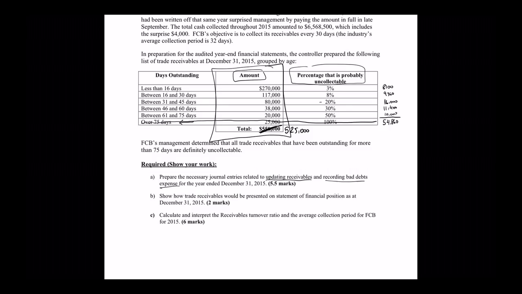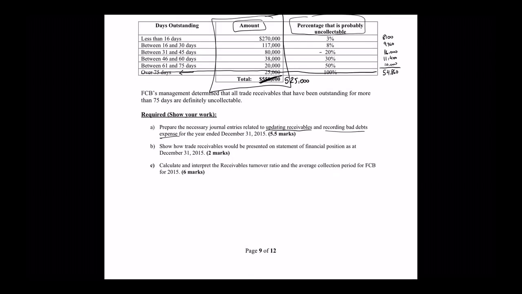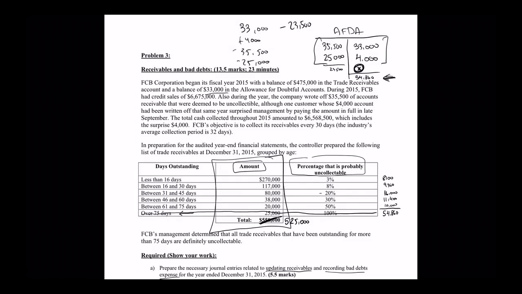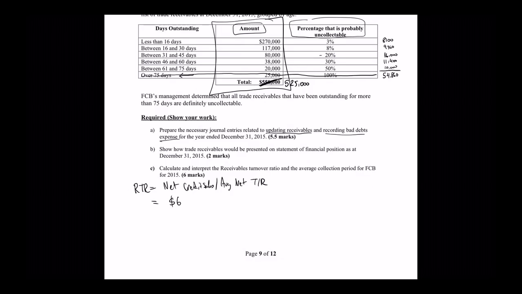And finally, required C, calculate and interpret the receivables turnover ratio and the average collection period for FCB for 2015. So, receivables turnover ratio is your net credit sales divided by your average net trade receivables. So our net credit sales for the year, and if you look up top, we had credit sales of $6,675,000, divided by our average net trade receivables.